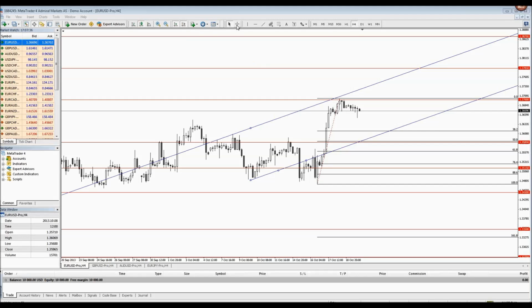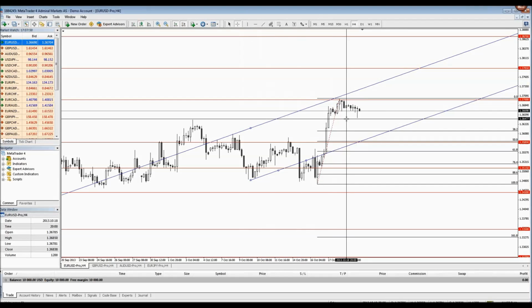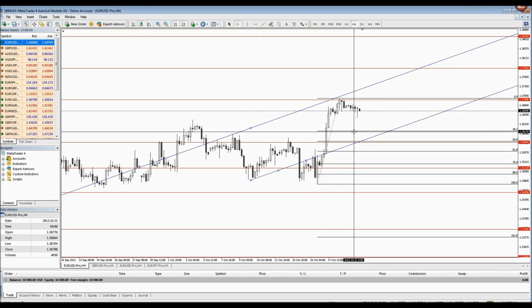Even if we miss the trade, technically it should be valid. Why do I say that? Look here, we have a pin bar. This is basically a bullish candle, but the problem is that the bullish candle hasn't been bought off the 38.2 or the 50 level.